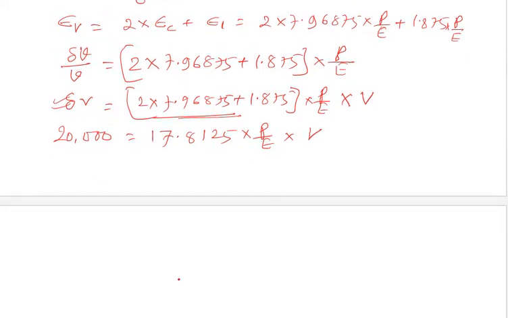Correct. Now we can rearrange. P is equal to how much, that is 20,000 into E divided by 17.8125 V. Correct.